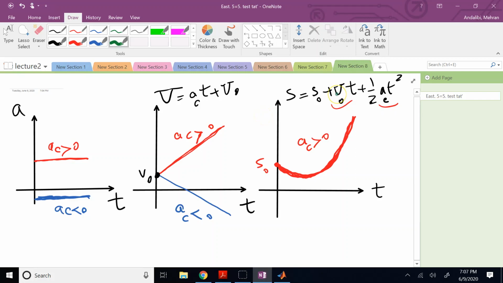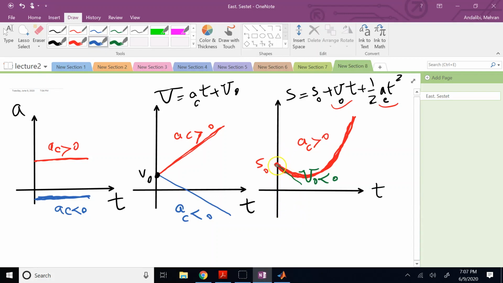So v0 is the slope of the initial tangent line. So if you draw a tangent line here, the slope of this tangent line, which in this case is clearly negative, it means v0 in this case is what? Negative. So it looks like this. Now it could be something like that, for example.